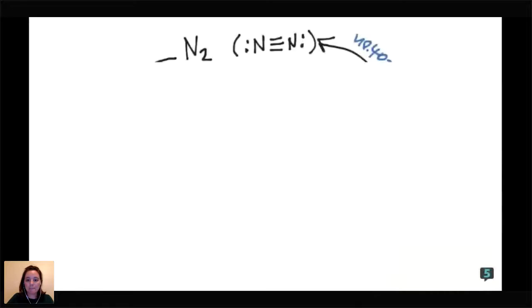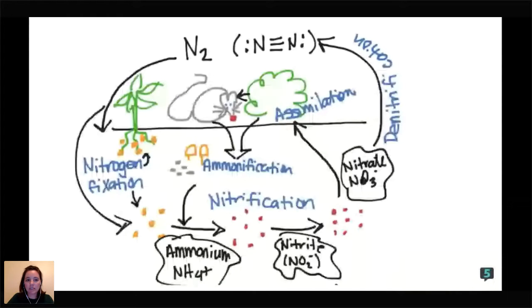All right. So these are drawings that I did a while ago for another video that I made. Remember, the basis for all of these cycles is that matter is not created or destroyed. It can only transfer forms. So in this case with nitrogen, nitrogen is super important because if you remember back to biology, nitrogen is the basis for creating proteins.